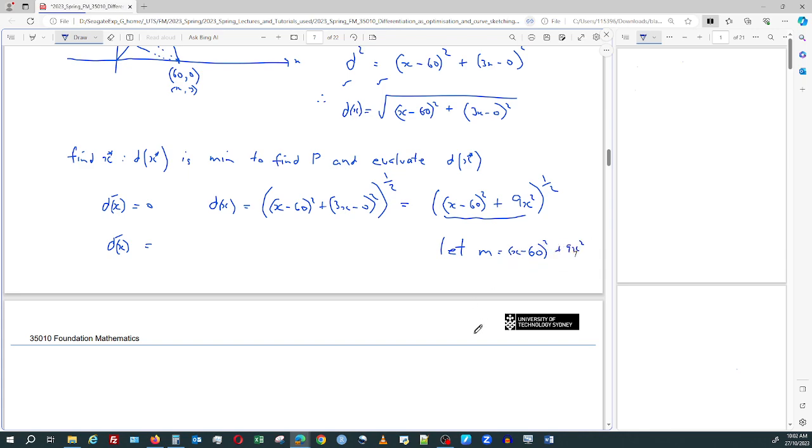Clearly I'm going to need n, so I'm going to let n equal x minus 60. Okay, so I can rewrite m in terms of n, so it's n squared plus 9x squared.